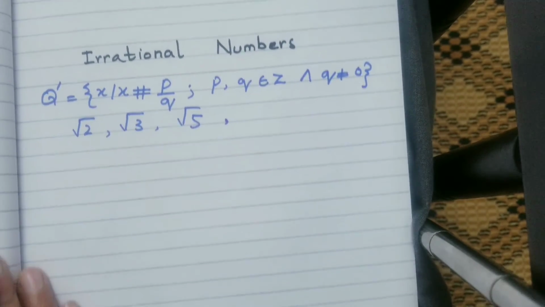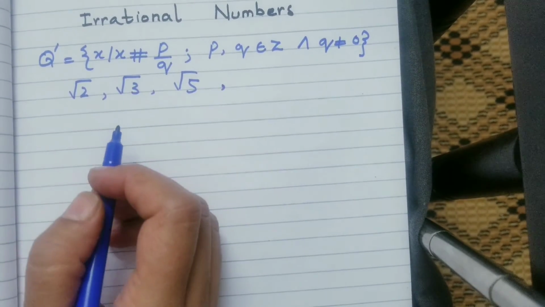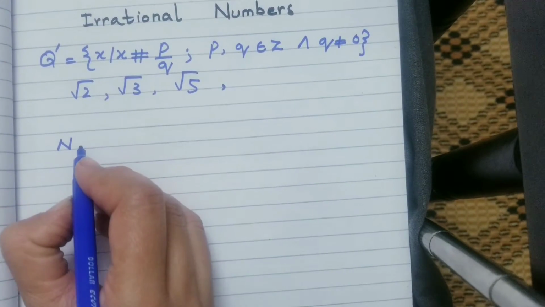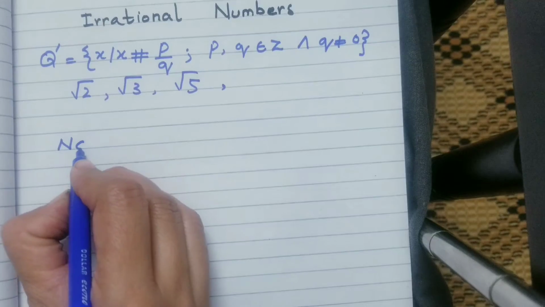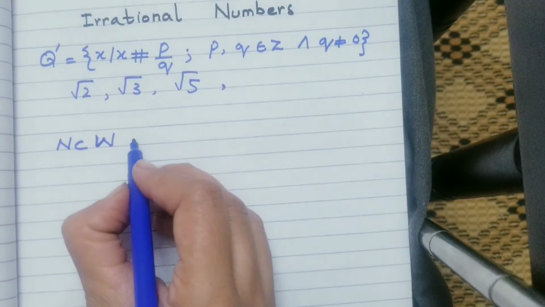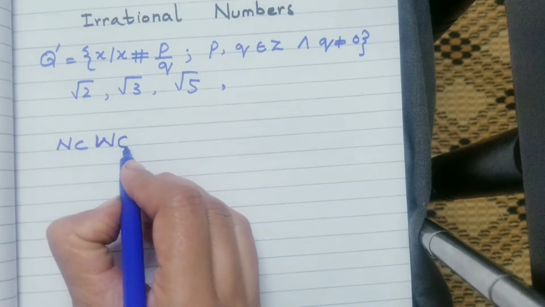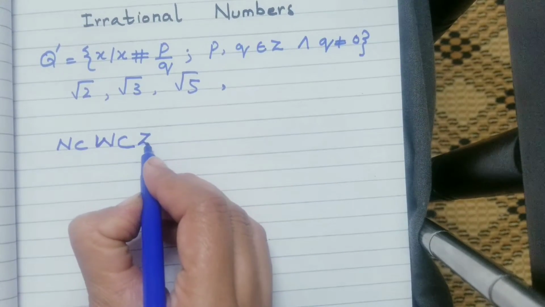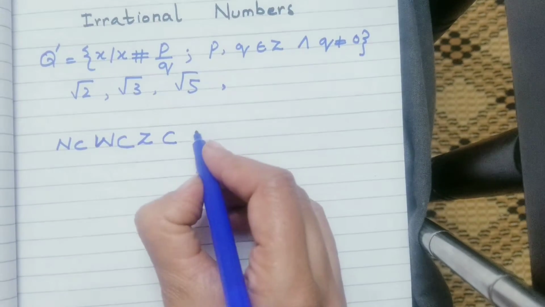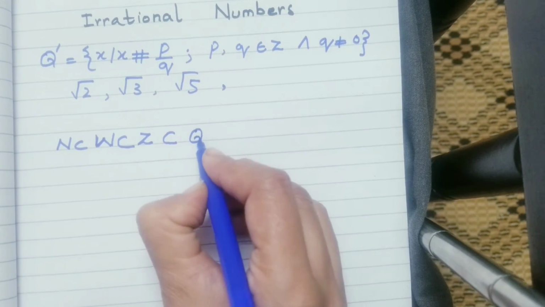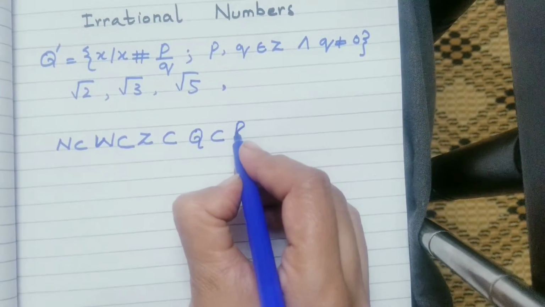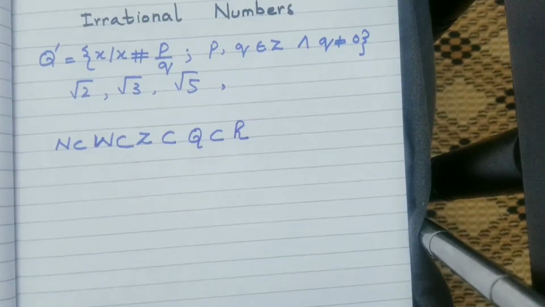Now we will know that the set of natural numbers is a proper subset of whole numbers, and whole numbers are a proper subset of the set of integers, and the set of integers is a proper subset of rational numbers, and this is a subset of real numbers.